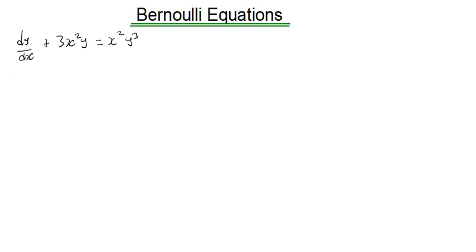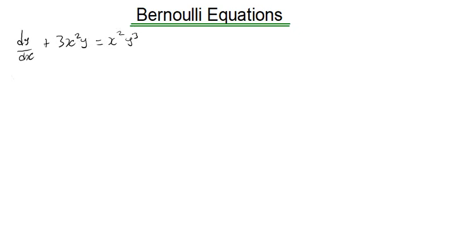So what you observe in this case is that what you have here, that's your n, because this is q of x, this is p of x, then you have that y that you're going to change to be z. So that's where I get my n from.